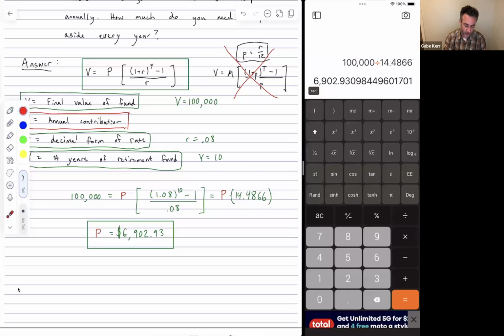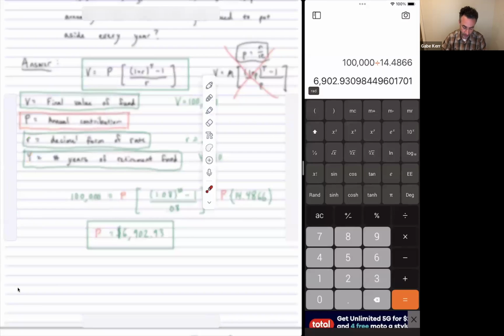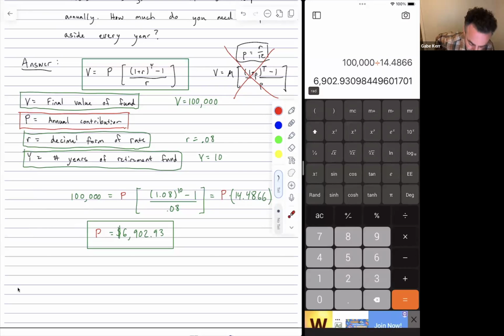All right, I don't want students to focus too much on the numbers as much as on the idea of how you go about solving this kind of problem. The strategy is to identify what formula you need to use. What is the formula that's relevant to the problem at hand? And then identify what the variables mean in that formula. And then ask yourself, what is the problem really needing?